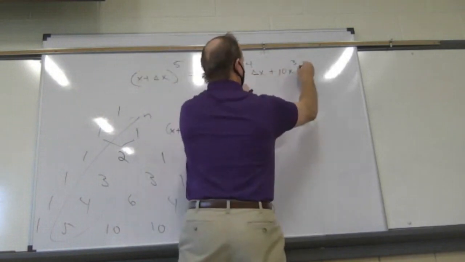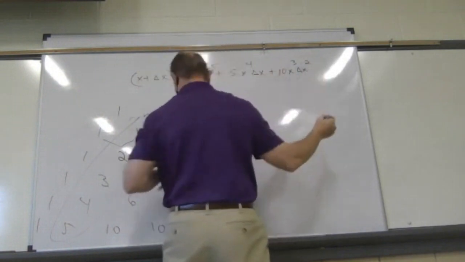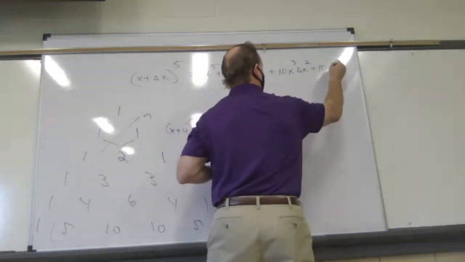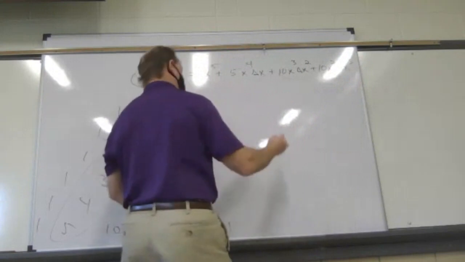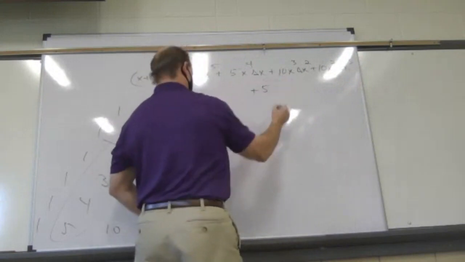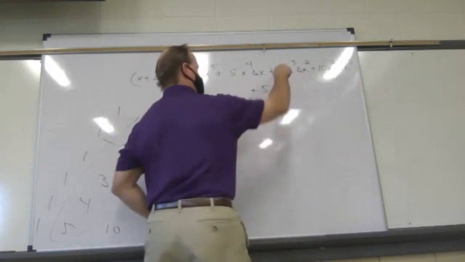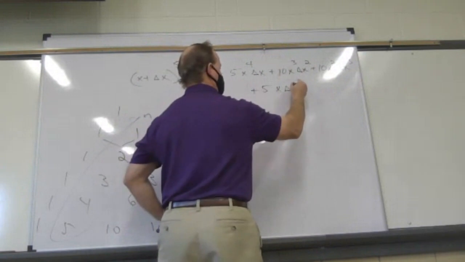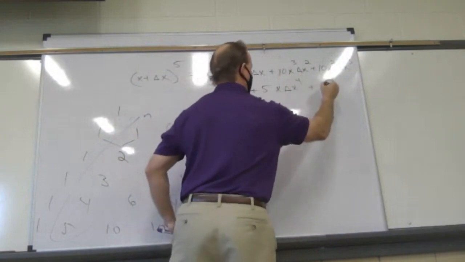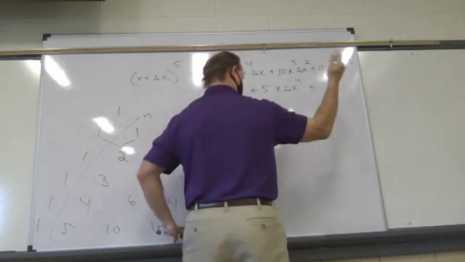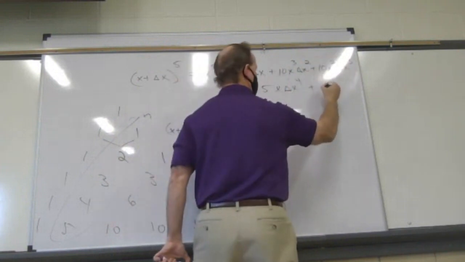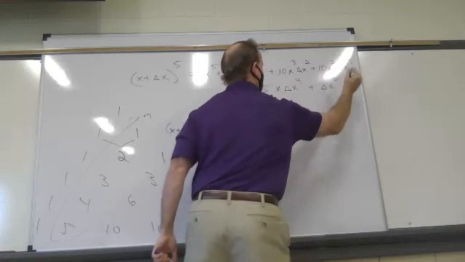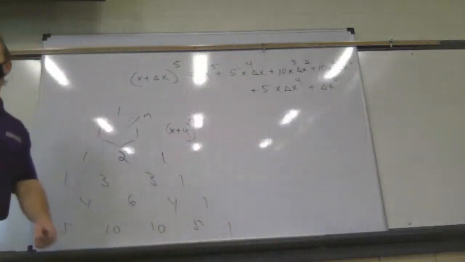So x cubed delta x squared, and then plus 10, and then x gets 1 less, x squared delta x cubed, and then plus 5, and then x gets 1 less, so x to the first, which is just x, delta x to the fourth, and then plus 1 times x to the 0, which is 1, delta x gets all 5. So plus delta x to the 5th power.